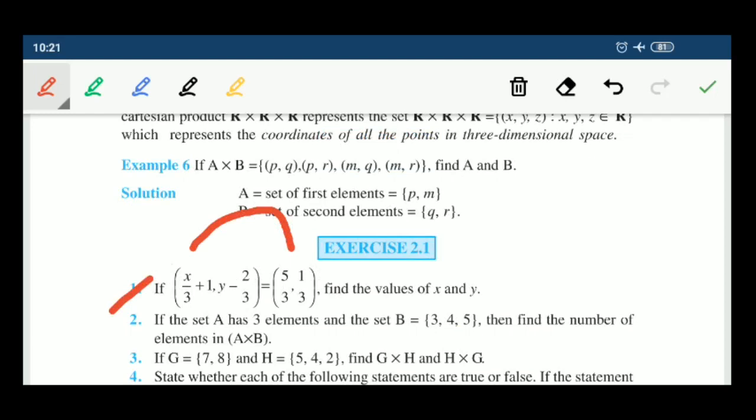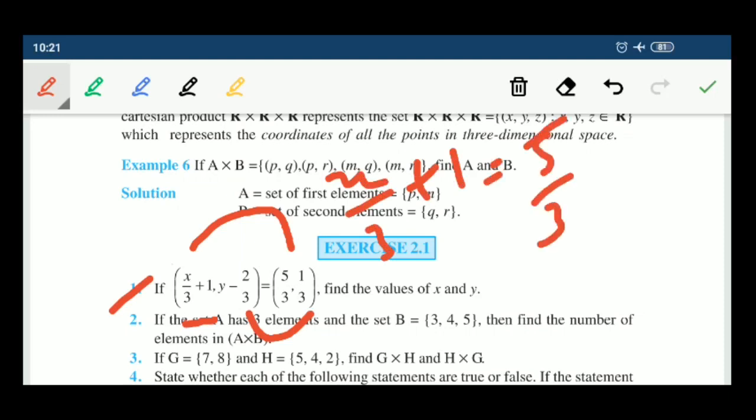In the first step, you will compare the x coordinate to this one and the y coordinate to this one, and when you compare them, you will get x plus 3 plus 1 is equal to 5 upon 3, and from here you will find the value of x, and second, y minus 2 by 3 is equal to 1 by 3.